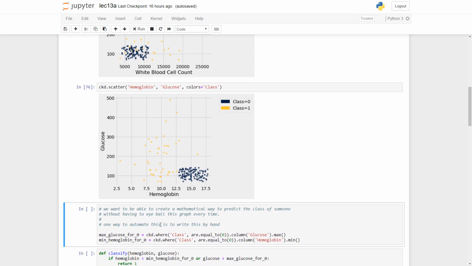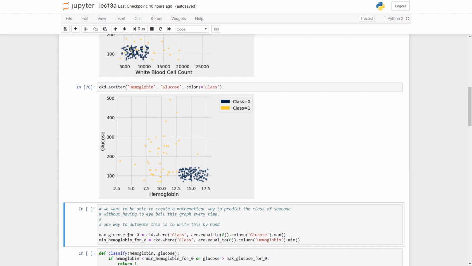To do that, we will get the maximum value for the glucose attribute, so this value, and we'll get the minimum value for the hemoglobin, which is here. Based on that, given the new hemoglobin and glucose values of the new patient, we can decide whether he will be diagnosed or not.